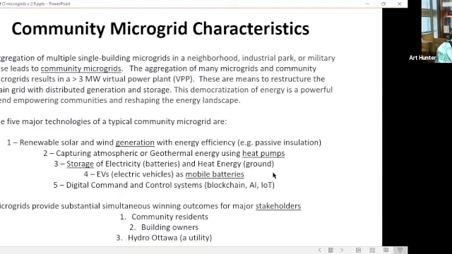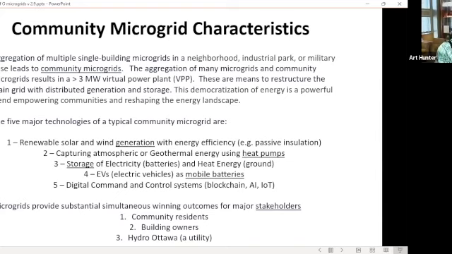Electric vehicles are, in fact, an integral part of microgrids, and I'll be talking about that, and the digital command and control systems using blockchain, AI, and IoT, of course, are all part of that. But one of the things that's really important is that all the major stakeholders are winners, and that means the residents, the people who own it, and of course the utility itself.